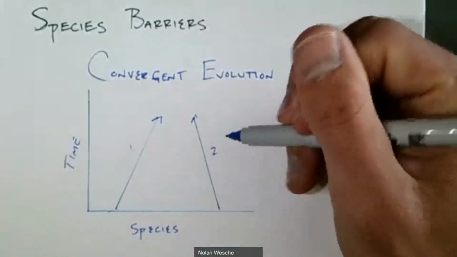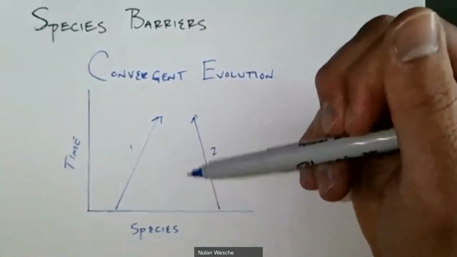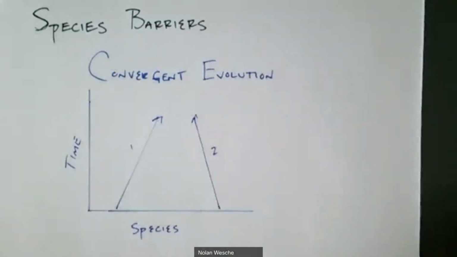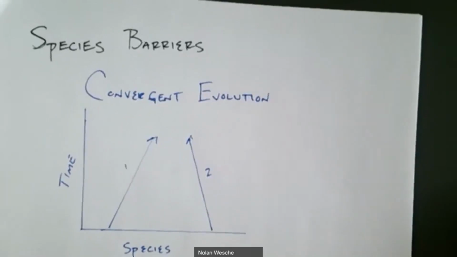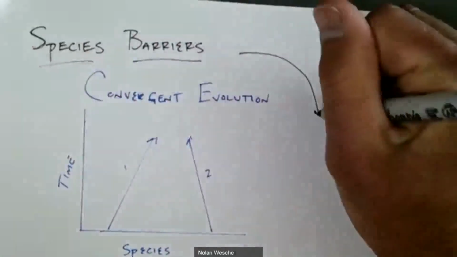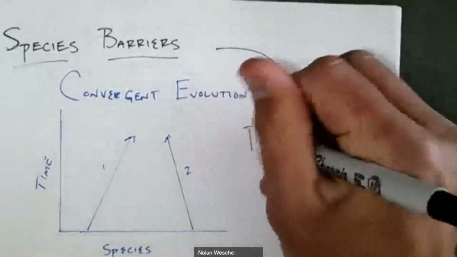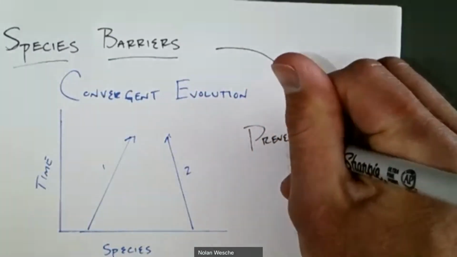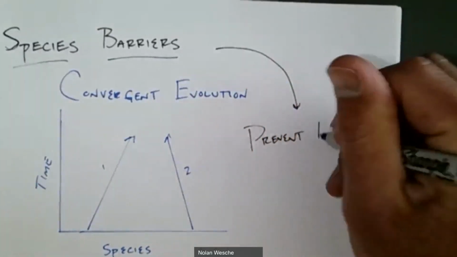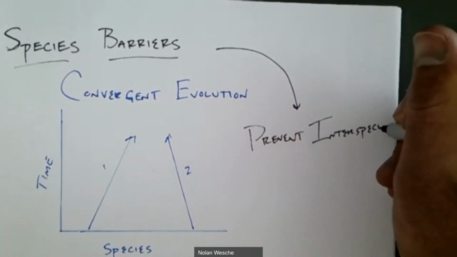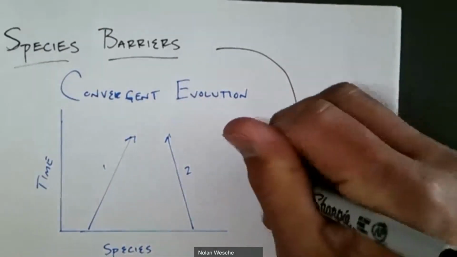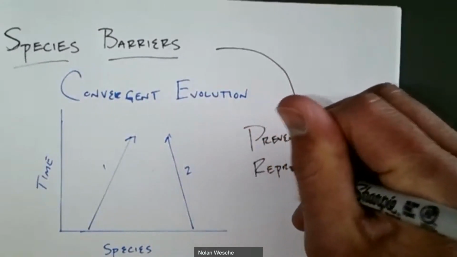If for whatever reason, though, they're able to hybridize and breed, then we could potentially get one species from that, a new hybrid. So these barriers that we're going to look at today are going to be things that will prevent interspecies reproduction and convergence.